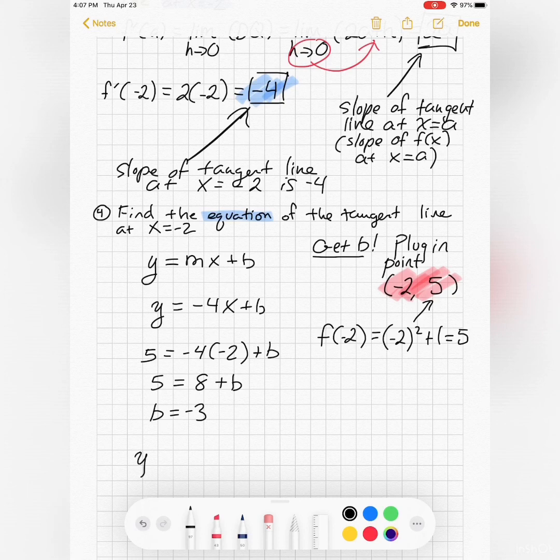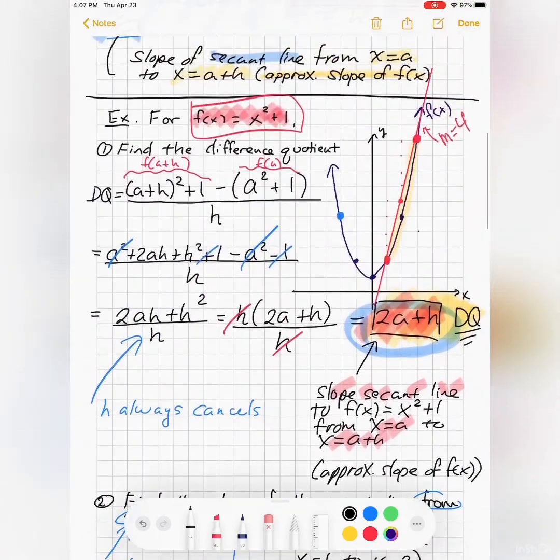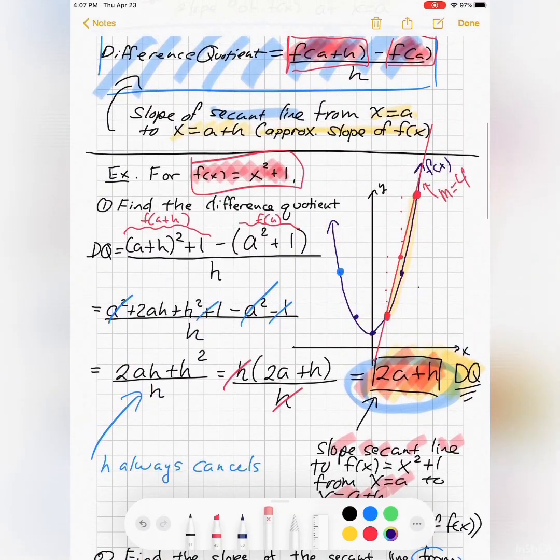And then I'll write the equation, and then I'll look at the graph and see if that looks correct. So I'm going to graph a line with a y-intercept of -3 and a slope of -4.